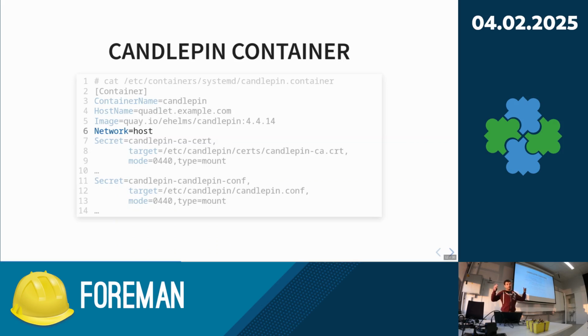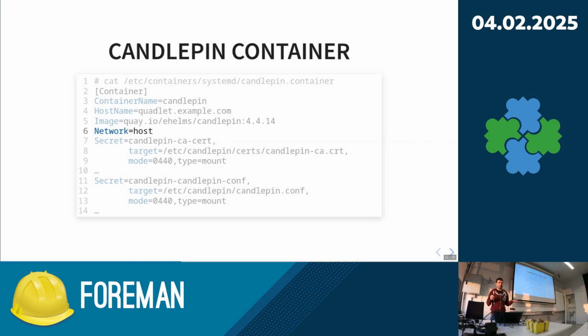But for the quickest solution, we can just say network equals host. At that moment, everything that you open up in the container shows up on localhost on your host system. Obviously, the moment you go to Kubernetes and have a multi-host deployment, this will not work anymore. But for now, this is a nice shortcut and also allows things like Candlepin to talk to our PostgreSQL database, no matter where it is defined, etc.